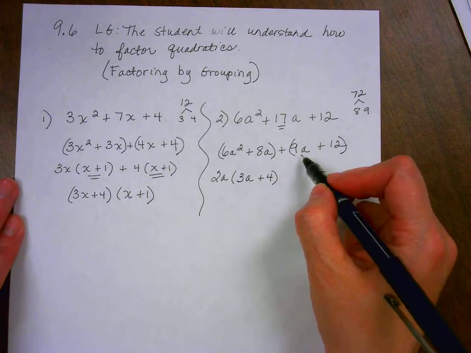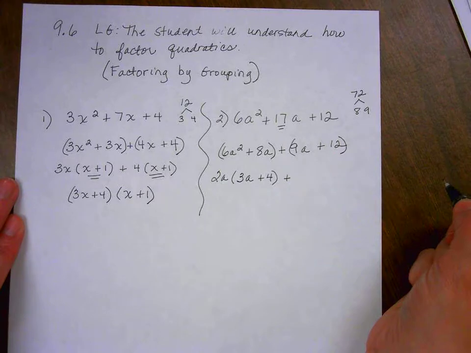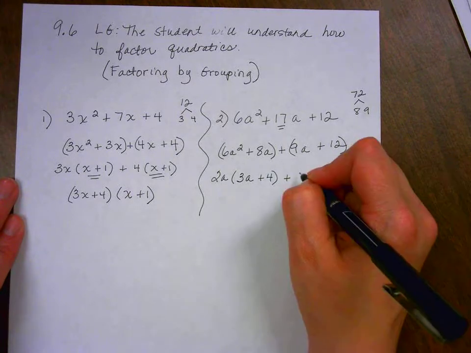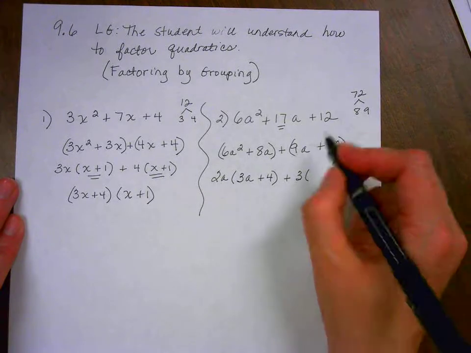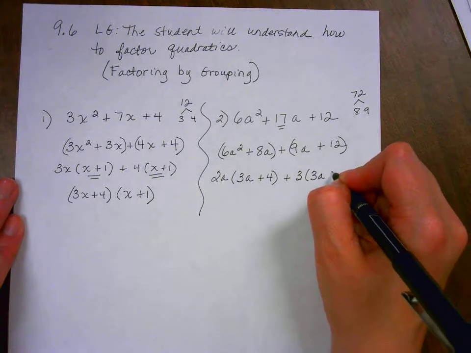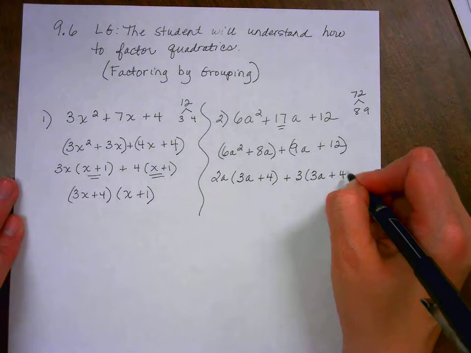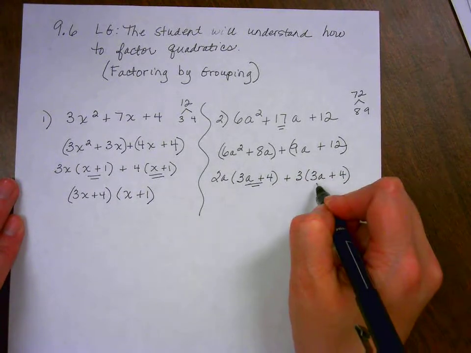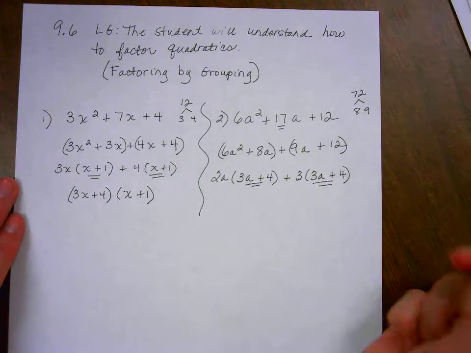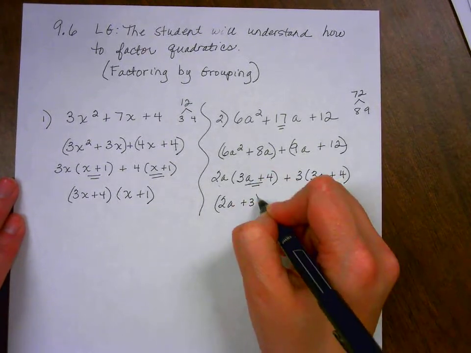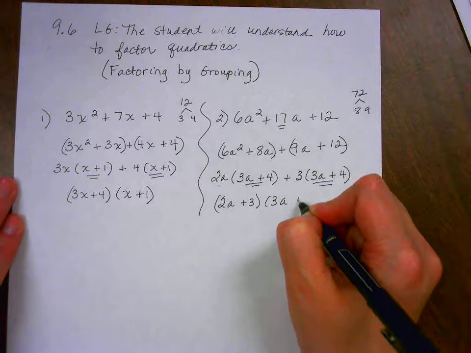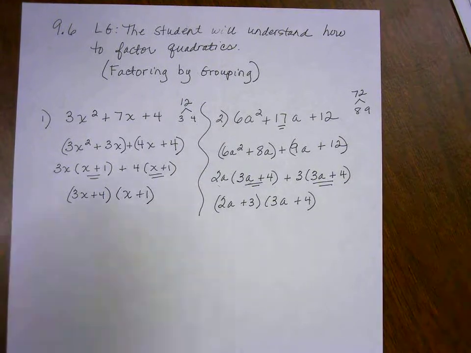And then my greatest common factor of 9 and 12 would be 3. So then I'm left with 3a plus 3 times 4 would be 12. So here, this one is the same as this one. So I have 2a plus 3 and 3a plus 4 for my grouping.